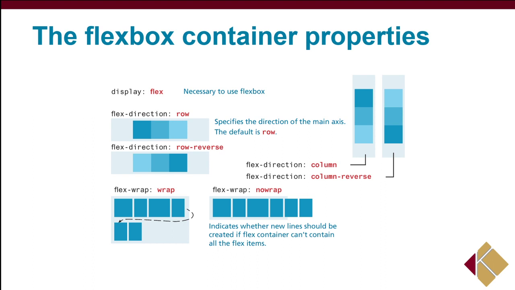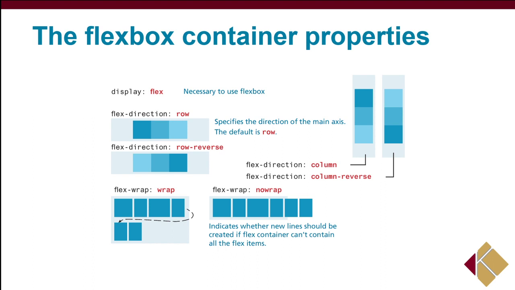So that is your main axis, your left or right axis. Row goes left to right. Row reverse goes right to left. And then flex direction column means that things are going to lay out on that Y axis, so vertical, up and down. The default is top to bottom, unless you do column reverse, and then it's bottom to top.